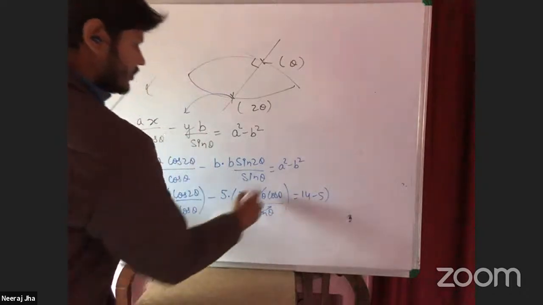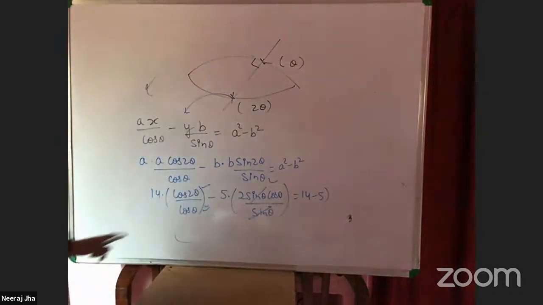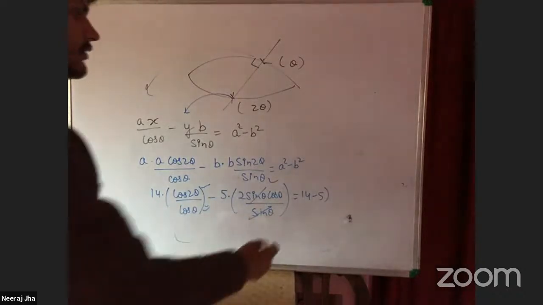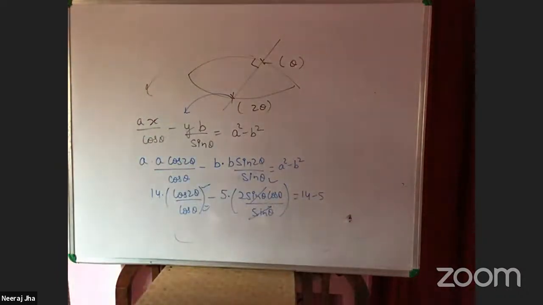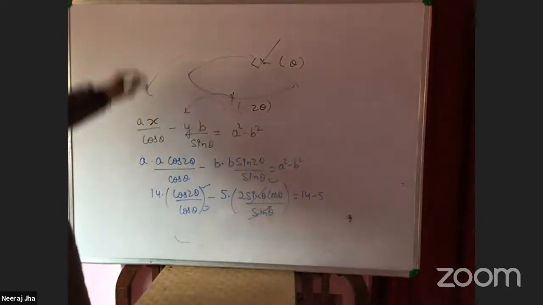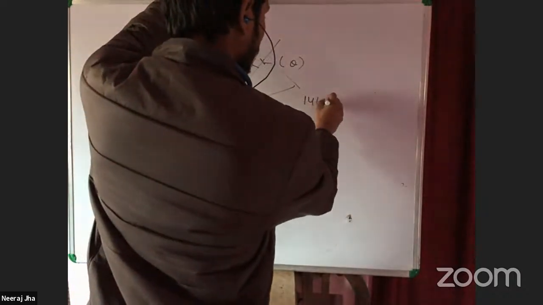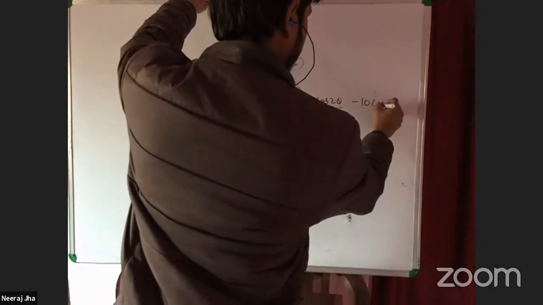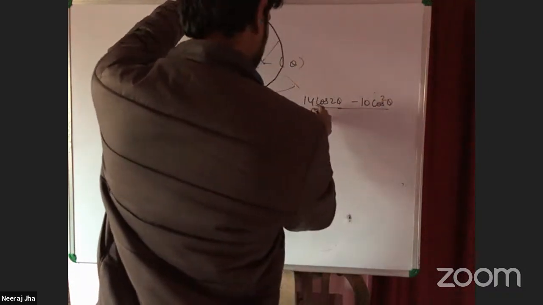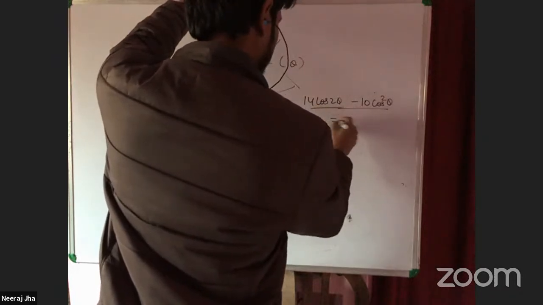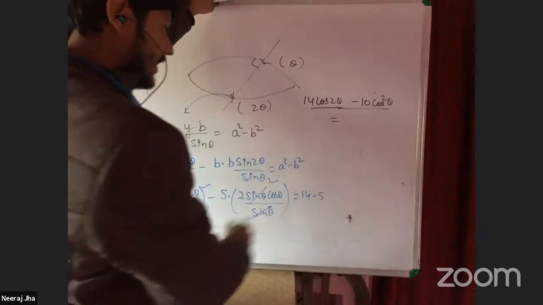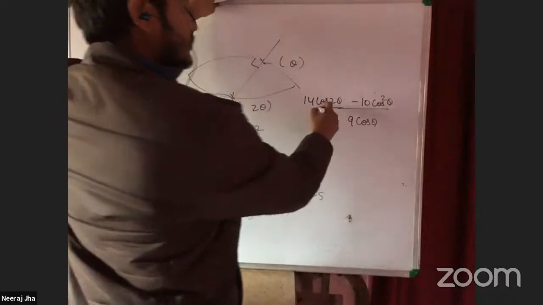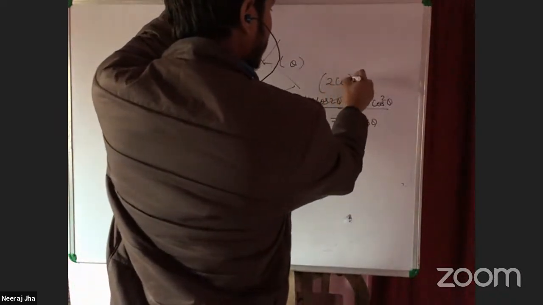Now cancel it. Everything will be in cos theta now. Expand cos 2 theta as 2 cos square theta minus 1. You'll get a quadratic in cos theta. You can solve it. If you want, I can solve it for you. 14 cos 2 theta minus 10 cos theta is equal to 14 minus 5, that is 9 cos theta. 14 cos 2 theta is 2 cos square theta minus 1.